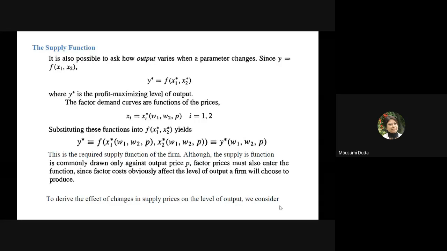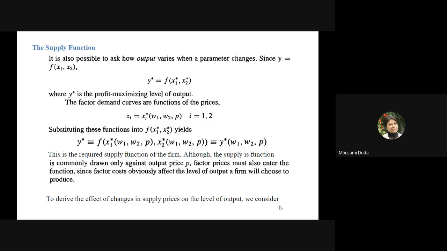Now, in several exercises, first you derived the values of the variables, then you derived the value of Q and plugged it into the profit function and got pi star.